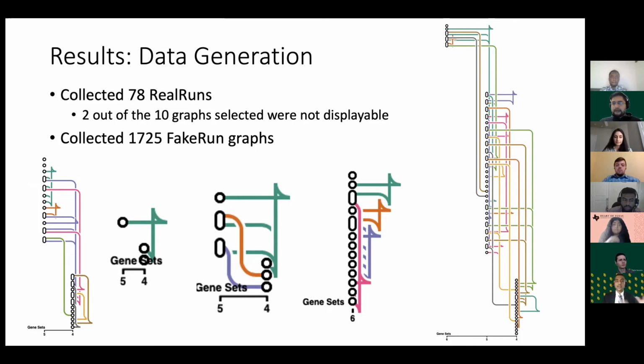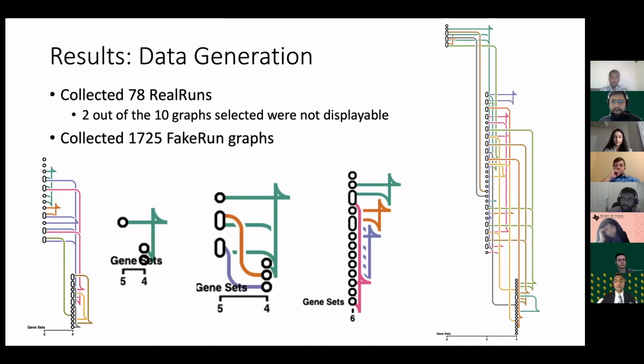Of those 10 graphs that we selected for random permutation, of which I have 5 displayed here on the bottom, 2 of them were not able to be displayed. This confirmed our initial suspicions that there are some graphs out there that we cannot visualize using the VZ subway plots. As you can see here, all these are real runs, and there's a pretty wide spread in how the graphs look and how many nodes and edges they have.